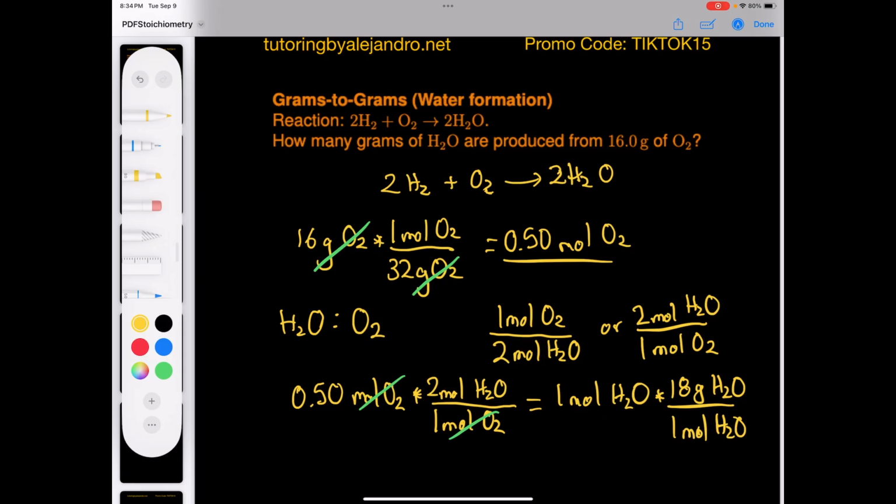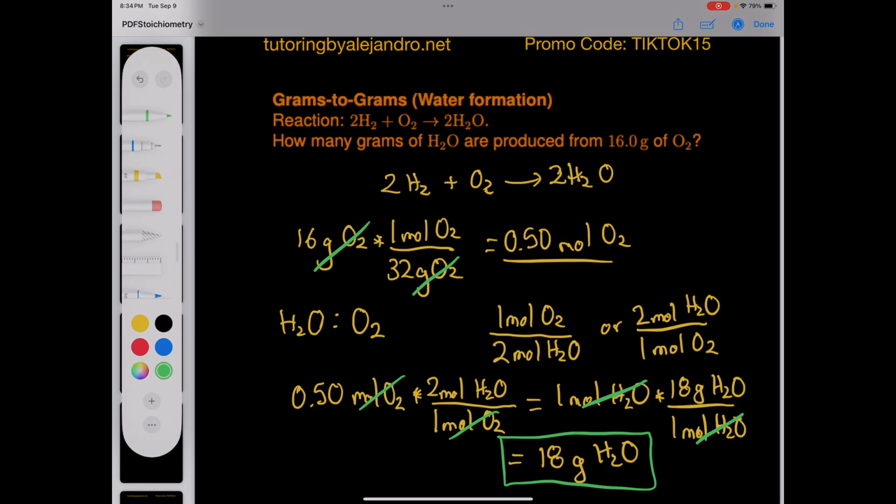So 16 plus 2 gives me 18. Okay, so the moles of H2O cancel out, and I'm left with units of grams. And then the math is easy. It's just 1 times 18. So my result is 18 grams of H2O. That is our result. That is how many grams of H2O are produced from 16 grams of oxygen. Okay, let's move on to the next exercise.